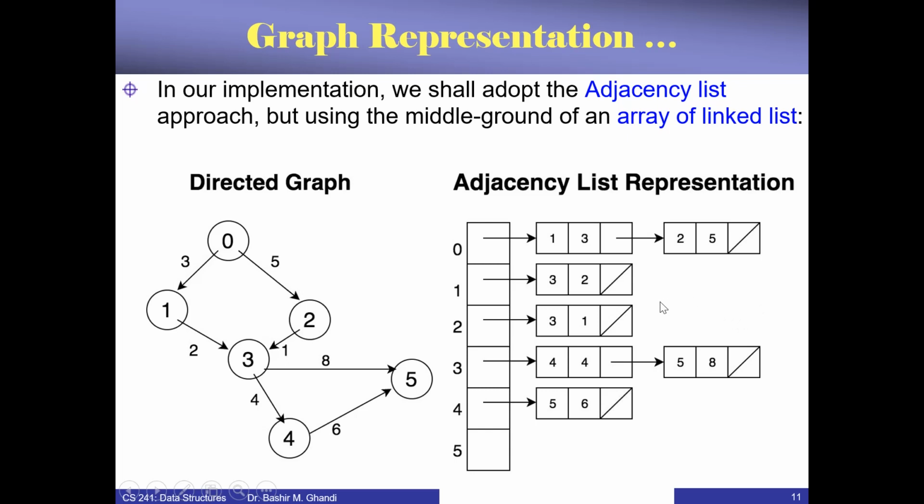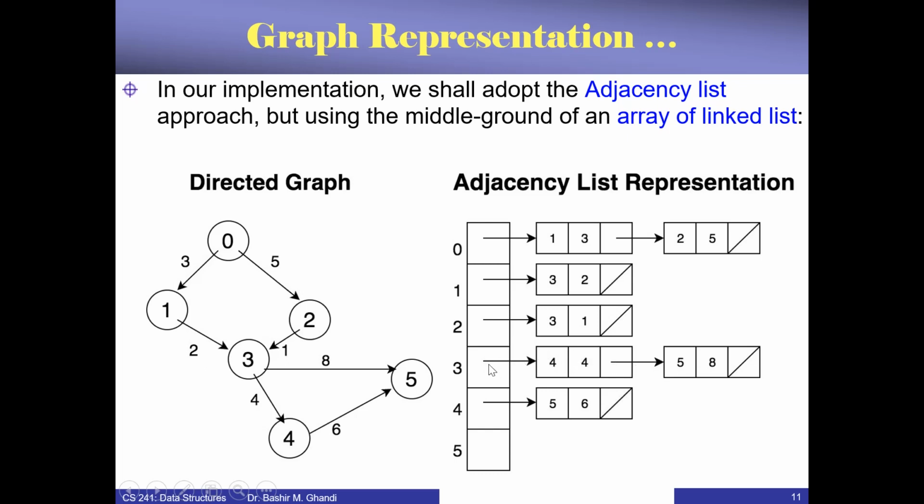So it is taking advantage of both, because now to check if there is an edge 3, 4, for example, we can come directly to this cell 3 and then search if there is a vertex 4.